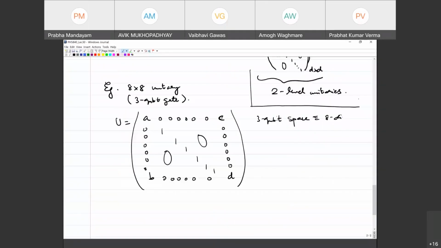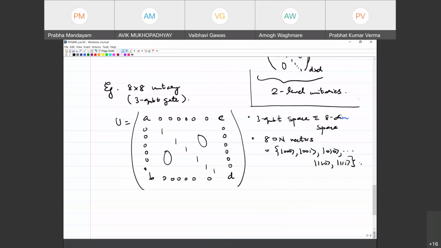Okay. So an 8-dimensional space. That's what I was going to say. So there are 8 orthonormal vectors that span this space, and this is the set which goes like this. All right.